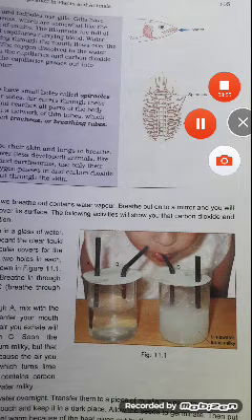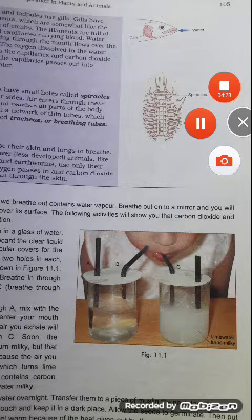Some use gills, while others use their skin. We and all other land organisms take in oxygen from the air, while most aquatic organisms use the oxygen dissolved in water.